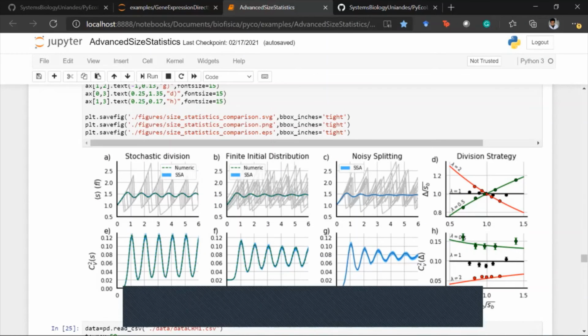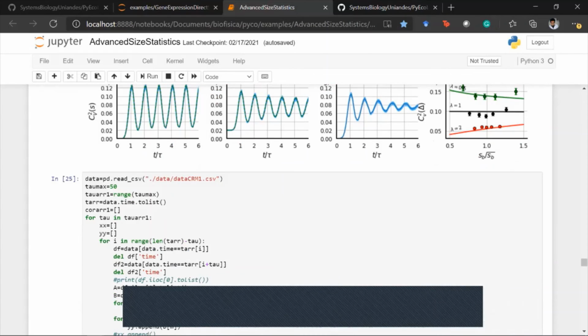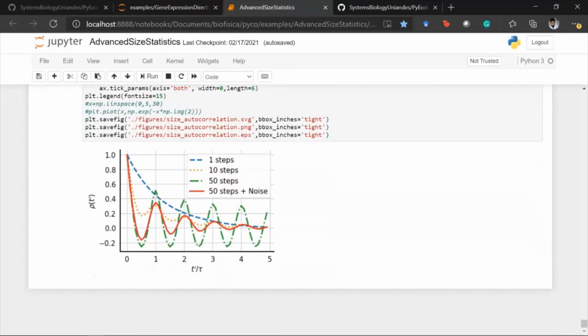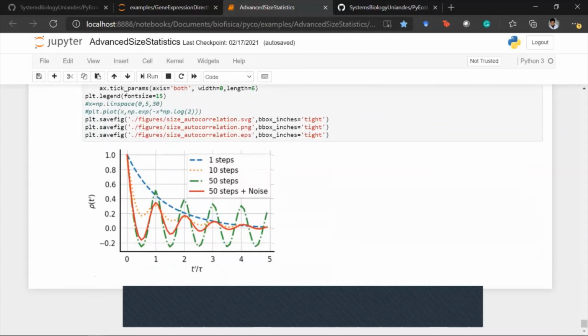Okay, you can compare all of them, and you can see, for instance, in the gray, in the background, some of the stochastic trajectories that you can compute using this PyEcoLib library. Okay, and you can also study the autocorrelation function of these trajectories that we can explain in following papers.